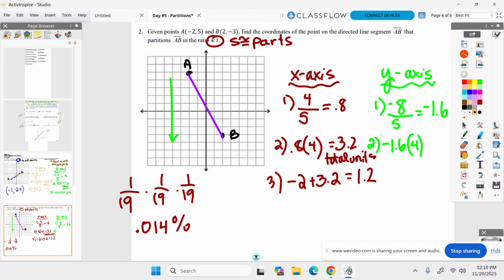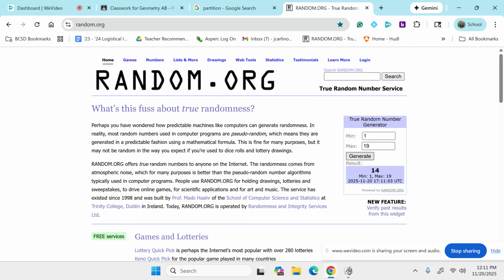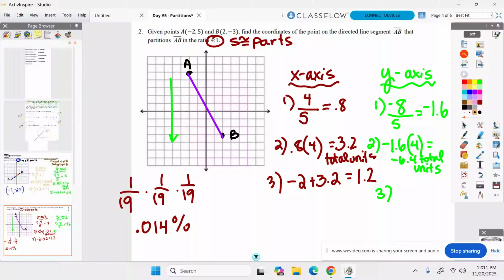You always use that first number in the ratio. -6.4, right? Down 6.4 total units. Again, that's how much you're moving, not where you finish. Where did we start on the y-axis? Liliana, where'd you start on the y-axis? 5. Good. So everybody go down 6.4.